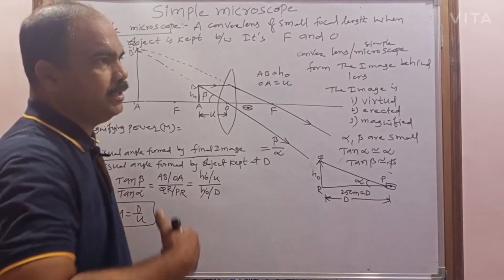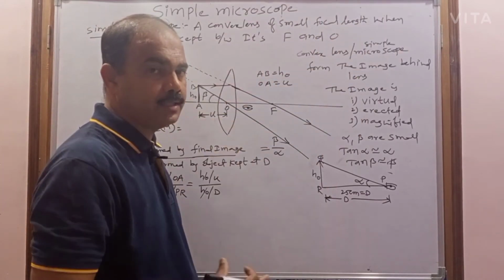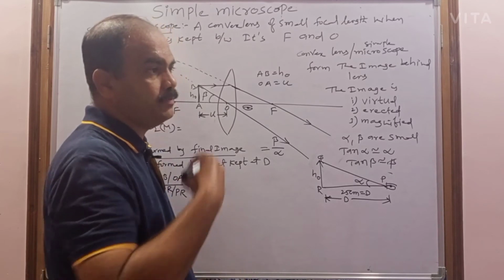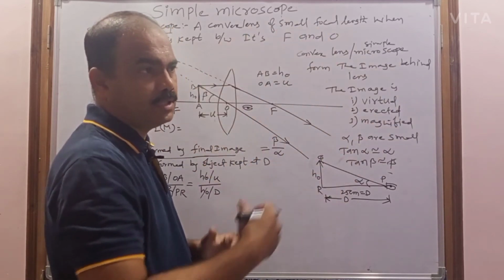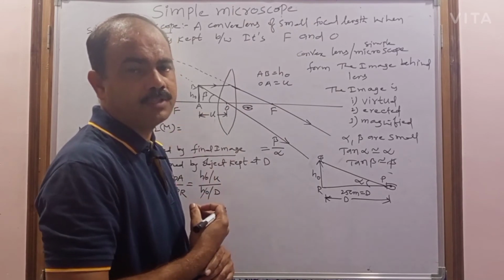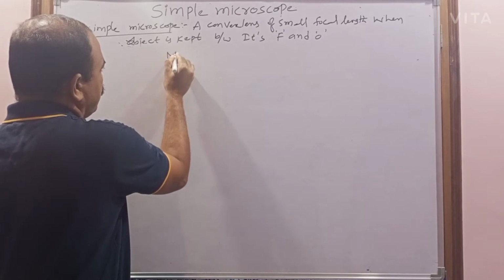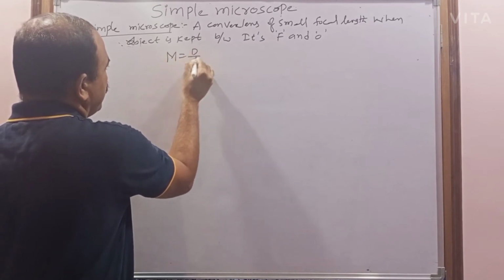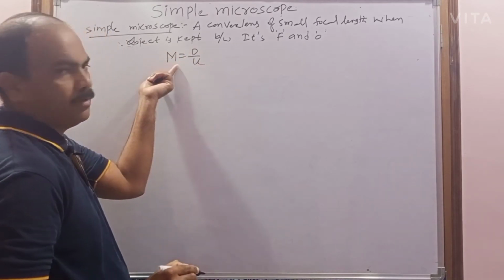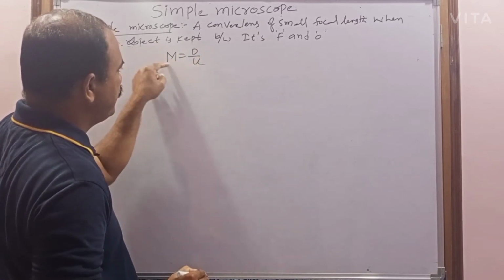When the image is formed at the far point, our eye will be relaxed. When the image is formed at the near point, the size of the image increases, but our eye will be strained. So what is the magnification we got? That is M equal to D by U, and the magnifying power is nothing but D by U. And what is the relation between M and U?